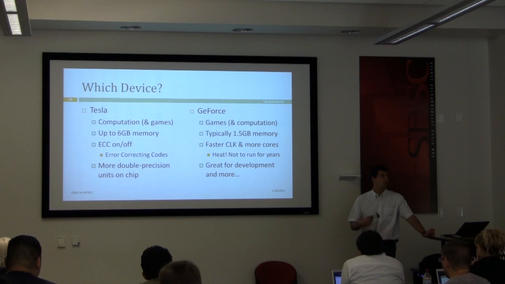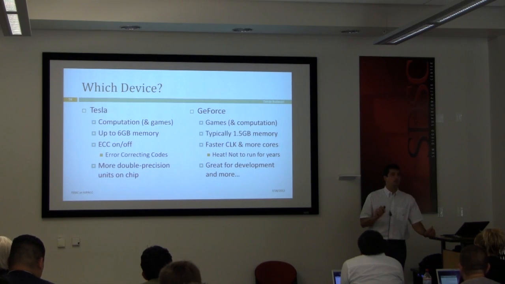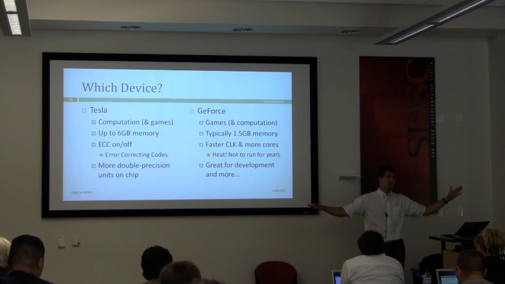So if you want to do a lot of double precision, these are the cards of choice. They are also built to run a little slower, with a little bit fewer cores, so that they can run all the time. You can just run these until their life is over. There are no complications.